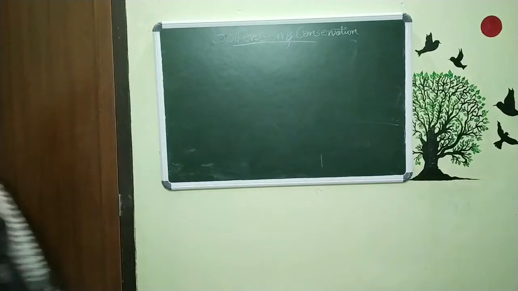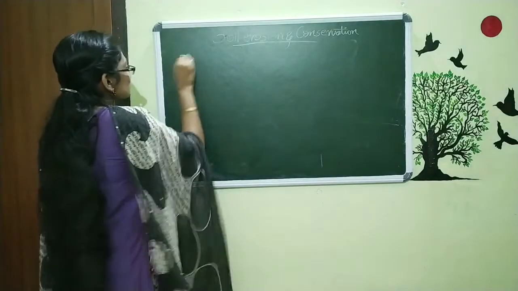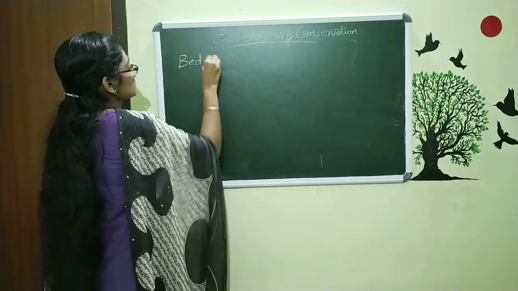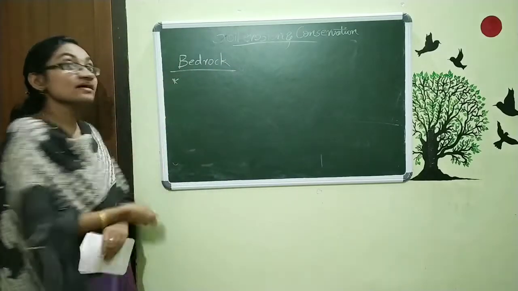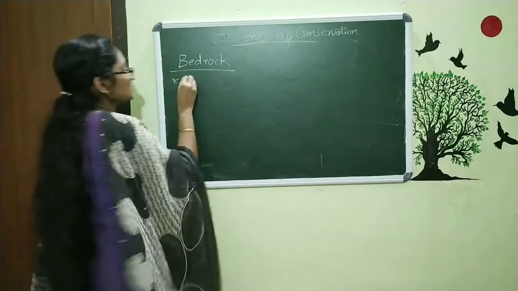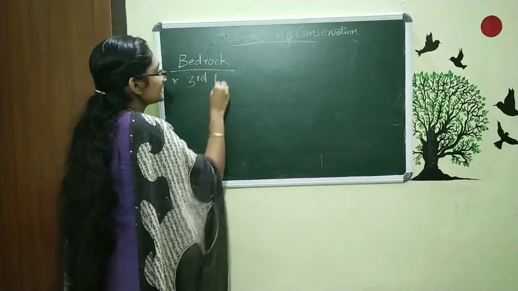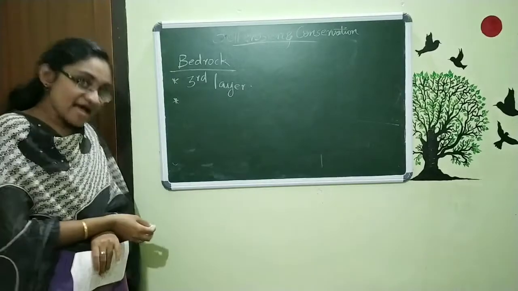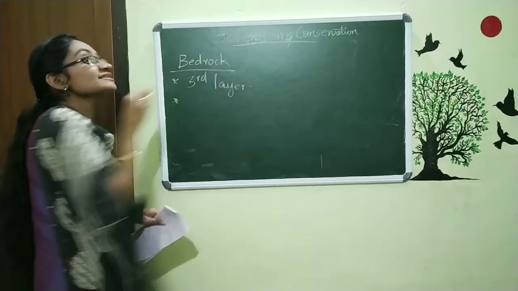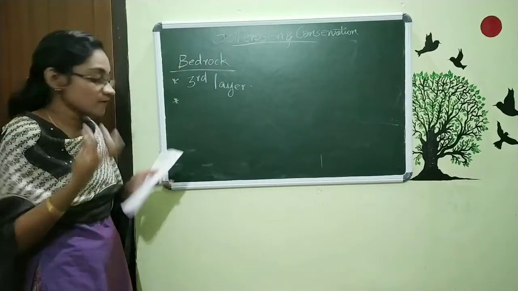Now the last layer, that is bedrock. What about the bedrock? Bedrock. It is the third layer of soil. And as its name says, rock, it contains big pieces of rock.